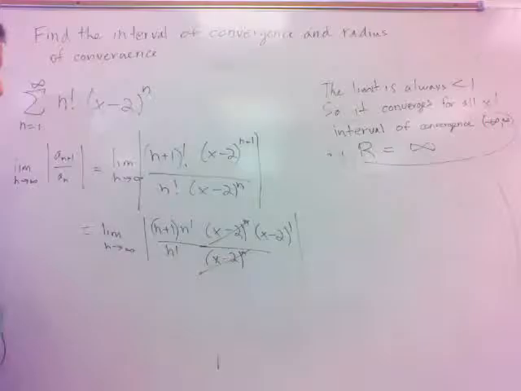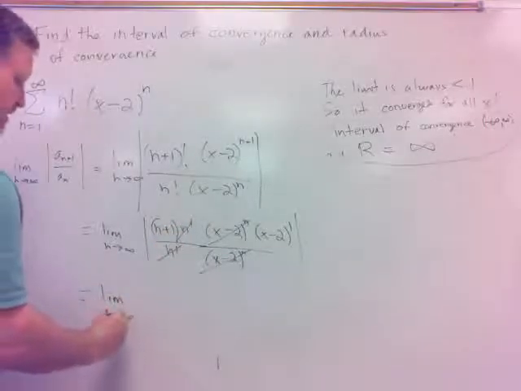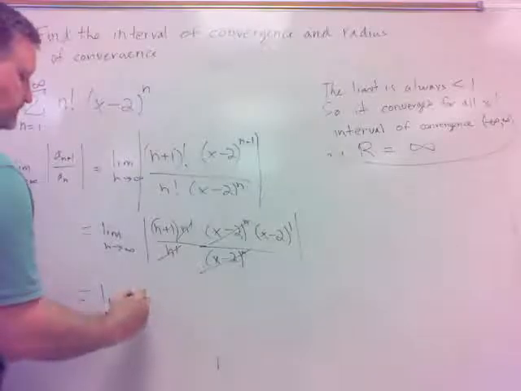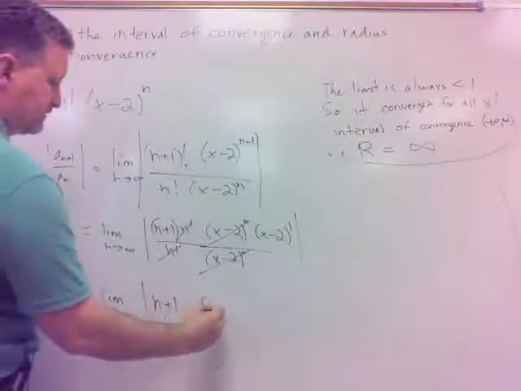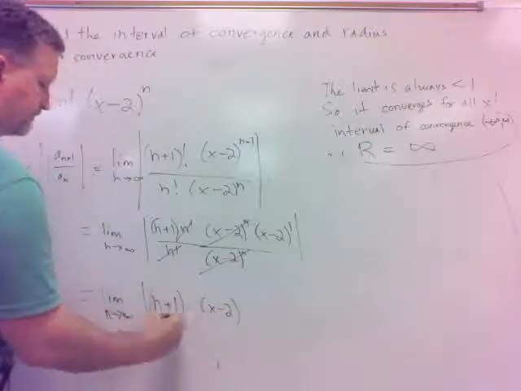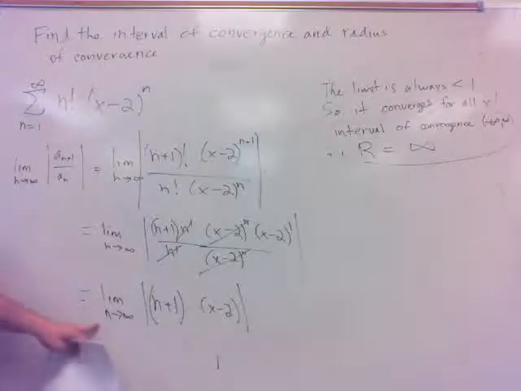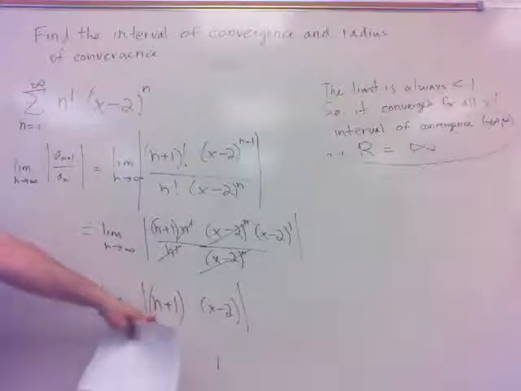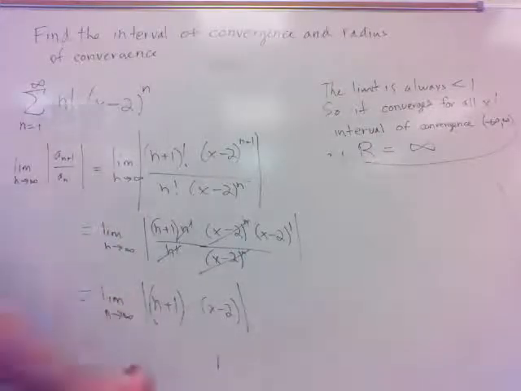The (x minus 2) to the n's cancel, the n factorials cancel, so I'll wind up with the limit as n goes to infinity of n plus 1 times (x minus 2). What's going to happen to that as n goes to infinity? That's going to go to infinity. Infinity plus 1, yeah, this is infinity.